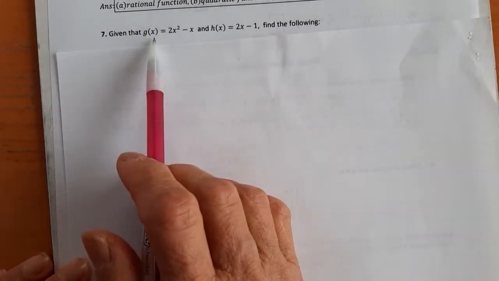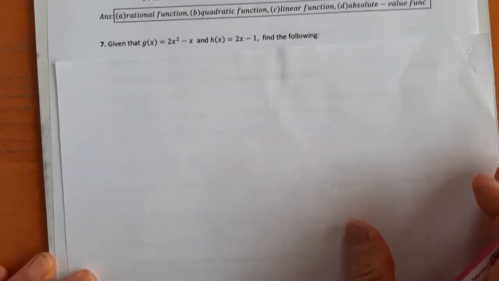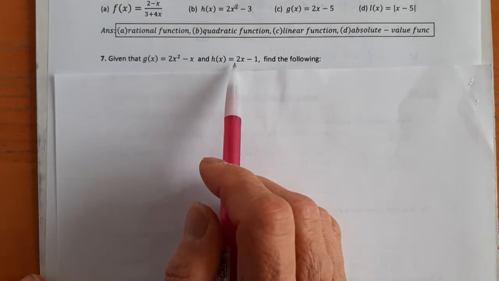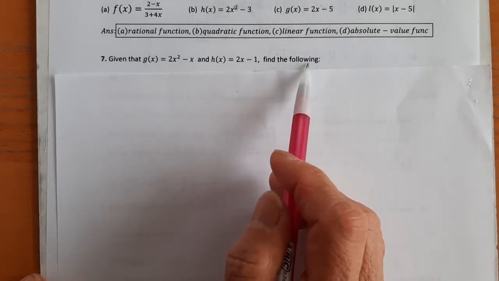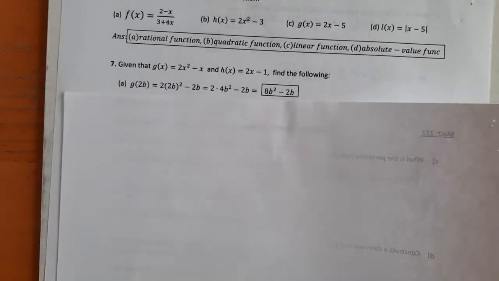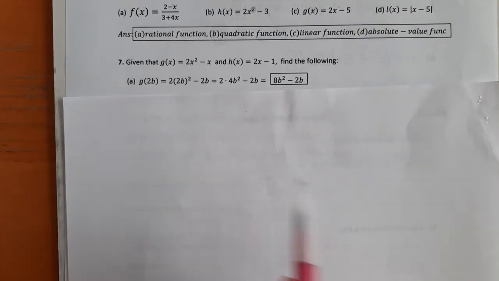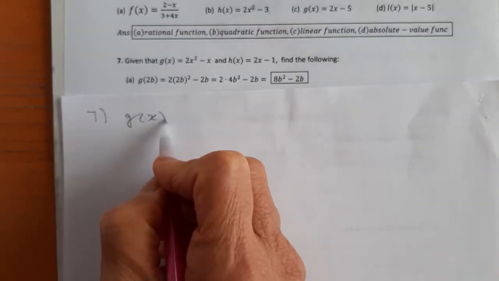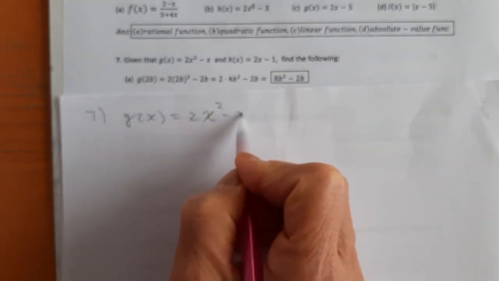Question 7. Given the two functions, g of x is 2x squared minus x, h of x is 2x minus 1. Find the following. A, g of 2b. g of x is equal to 2x squared minus x.